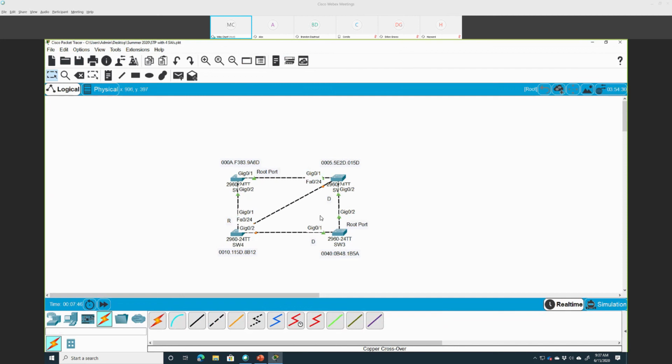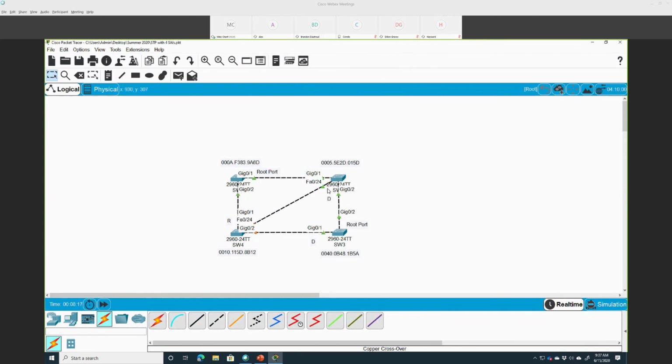Are we going to have the same outcome, or is something going to change? You're not going to have the same outcome. The port that's blocked on gigabit 0/2 on switch 4 will now become an active port, whereas the fast Ethernet 24 on switch 4 will now become the blocked port.